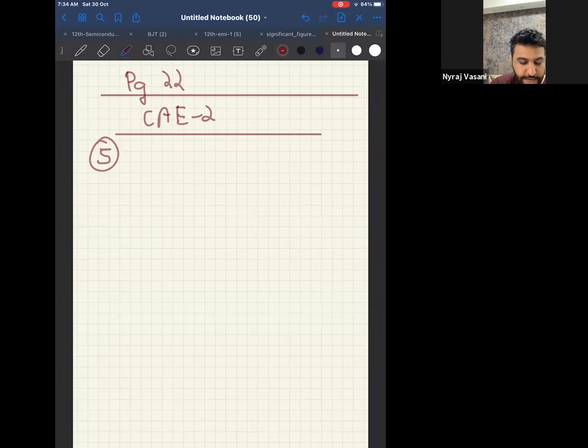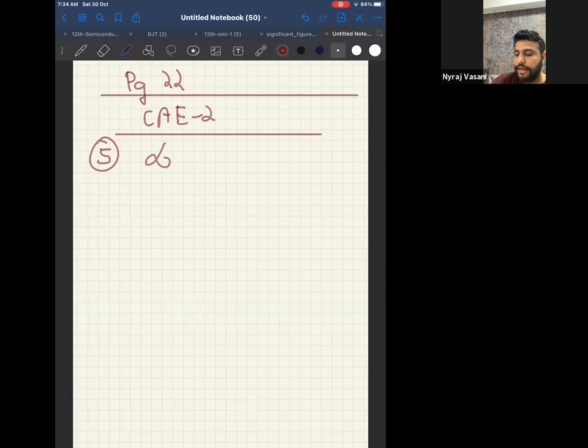Write down: a transistor has a current gain of 0.97. Please make a note quick.